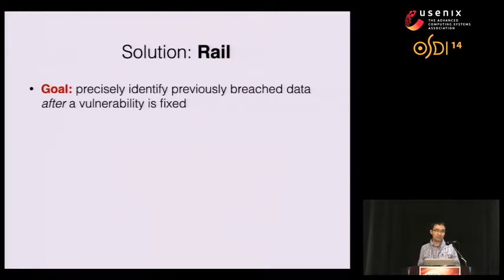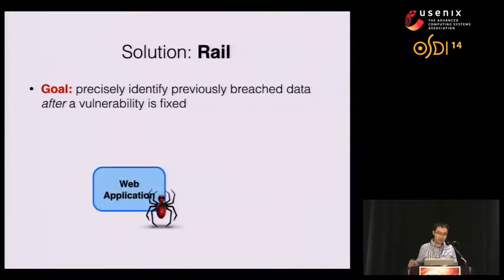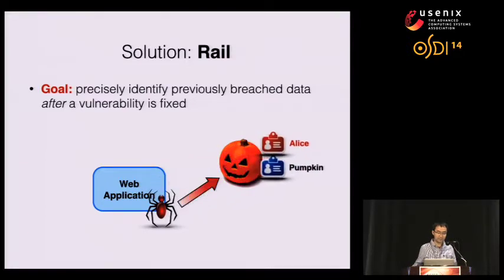So our solution to this problem is a system called RAIL. The goal of RAIL is to precisely identify previously breached data items after a vulnerability is being fixed. So here's how it works. Suppose we have a vulnerable web application, and we assume that at some time, an attacker exploited the bug and retrieves Alice's sensitive data.